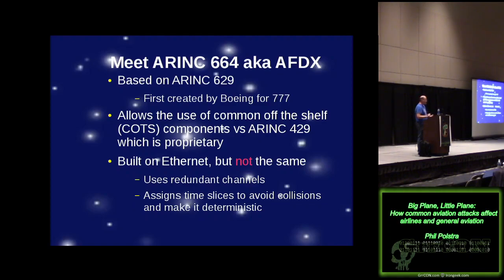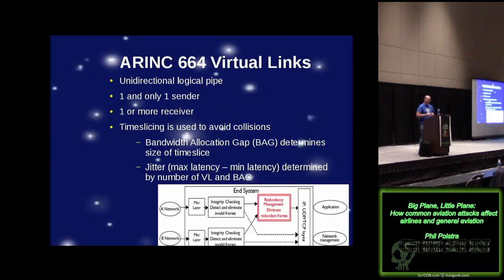It uses redundant channels, and it assigns time slices to make things deterministic. Right? Now, if you learn anything in aviation, you'll learn that aviation is all about redundancy and safety. People are like, hey, why are you using 1930s technology in the engine in your Cessna? Even your Cirrus, same thing.